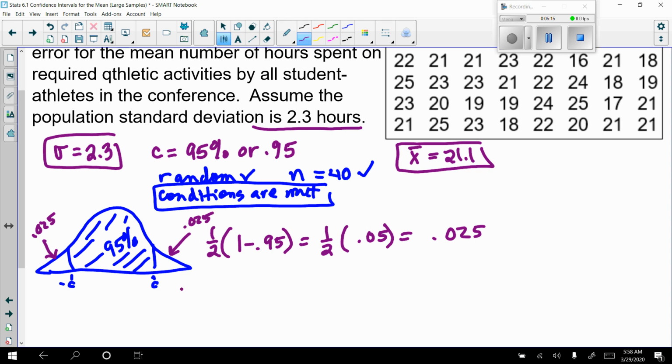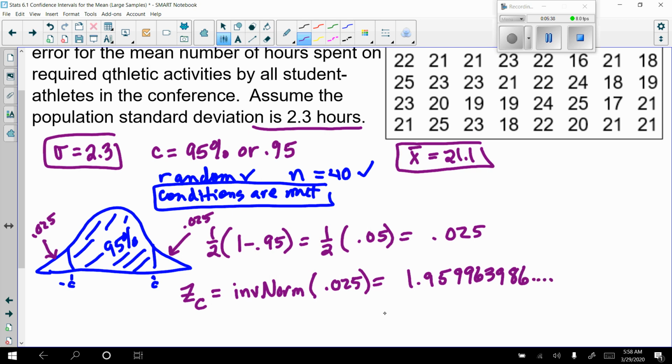To find that z critical number, I have to do inverse norm of 0.025, and that's going to give me 1.959963986, which we're going to shorten to 1.96. Those critical numbers are on both the left side and the right side, so I'm going to make that plus or minus 1.96. That's my z critical number.